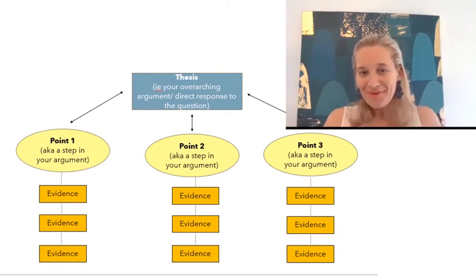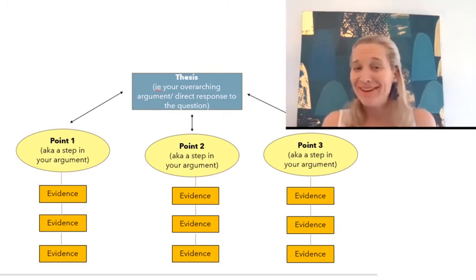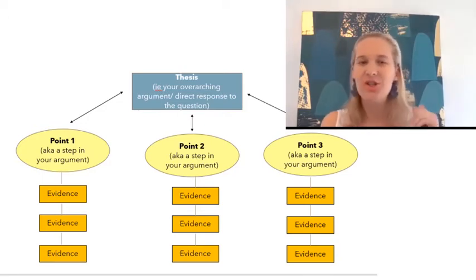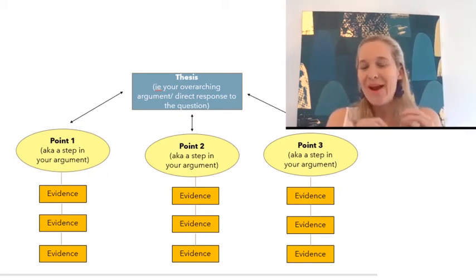Now, right down the bottom, we have our evidence. Now, our evidence is the things that you analyze. It's your research, it's your journal articles, it's your cases, okay? Now, when thinking about what evidence is most helpful, obviously it needs to be framed within the context of this sub-point or this sub-argument that you're making.